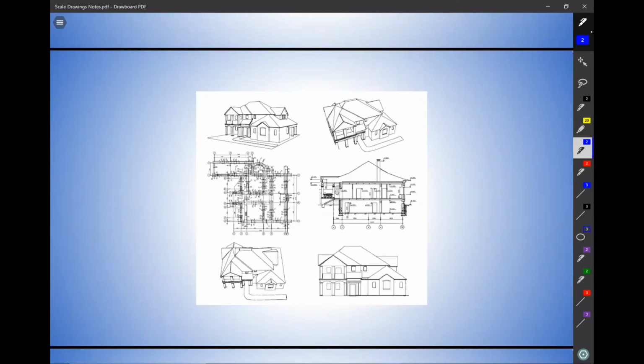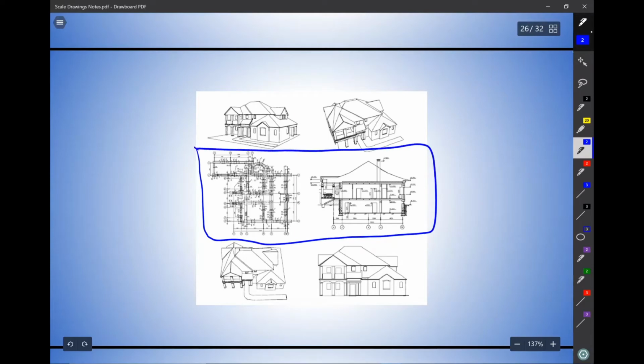So this is basically what house plans look like. We're going to be dealing with mainly these ones in the middle here. What we have on the left side is the plan, which is a top-down view.